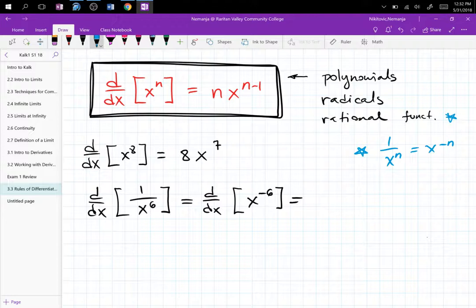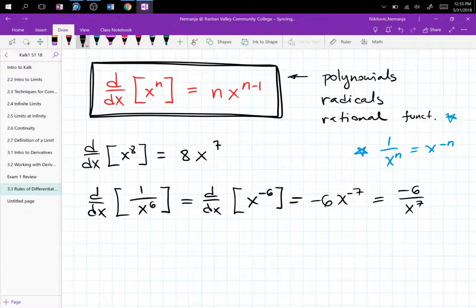So you copy it, and then again, you drop the power down, that's negative 6. And then you subtract 1 from the power, that's going to be now x to the negative 7. So the answer is negative 6 divided by x to the 7, right? We like to leave positive exponents, so we are going to stuff it in the denominator again. So the procedure is a little bit longer, but it's great that we don't have to learn a new rule.